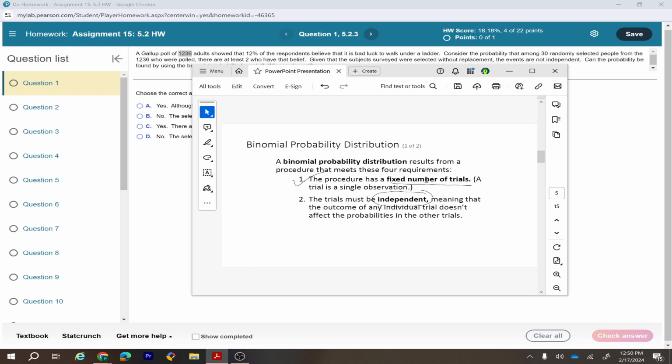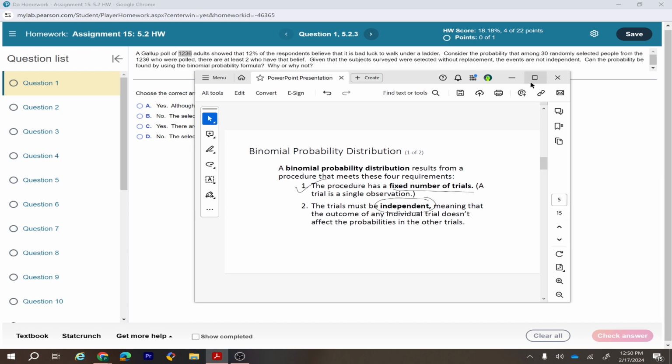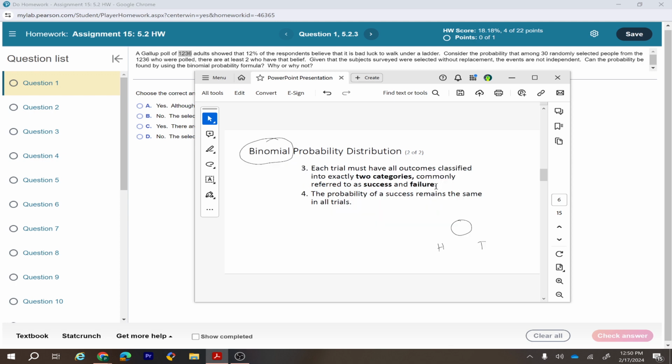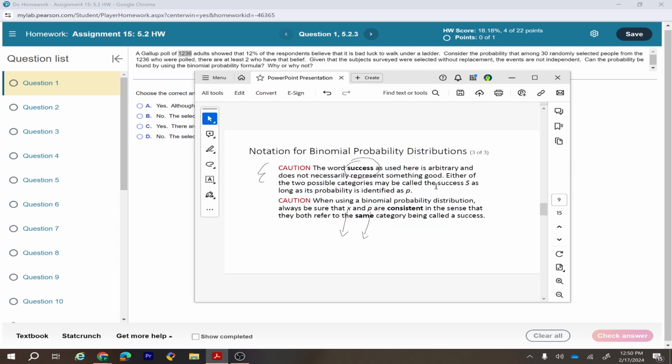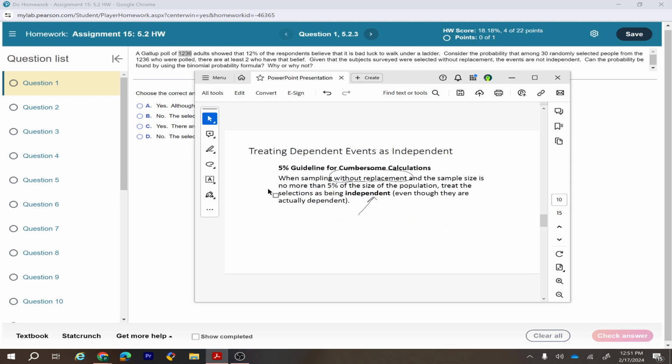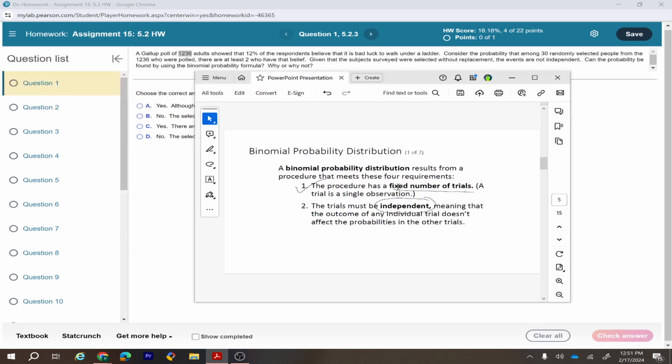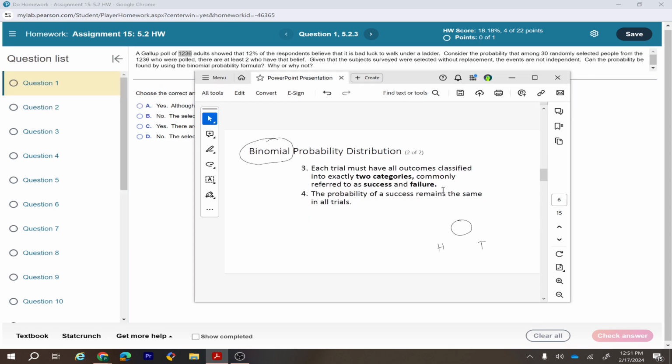The process has a fixed number of trials. The trials must be independent. This is not independent, but we can assume independence if the sample size is less than 5%. That's the 5% rule. And as you can see here, the probability of success is the same.